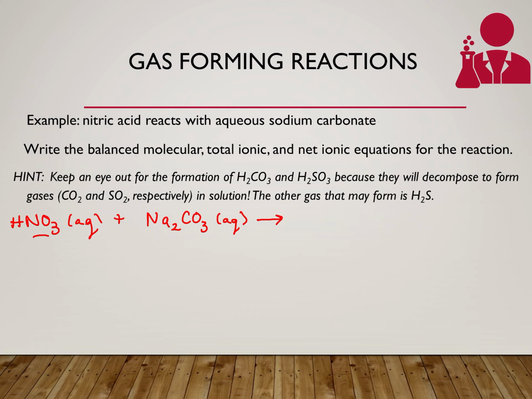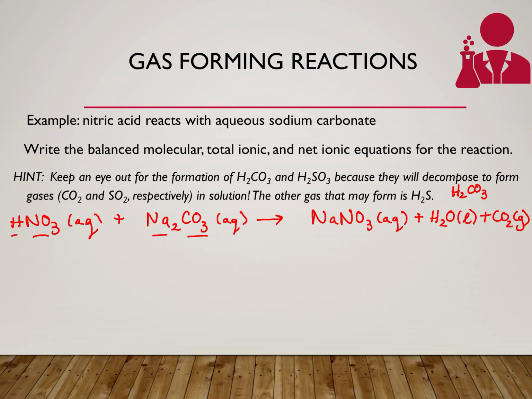We have nitrate and sodium, so we'll get sodium nitrate, which will be aqueous, and then we'll get our hydrogen and our carbonate, which would form H2CO3, carbonic acid. But I told you can't write it as carbonic acid. Instead, we're going to write it as water and carbon dioxide. So you need to keep an eye out for that being formed.